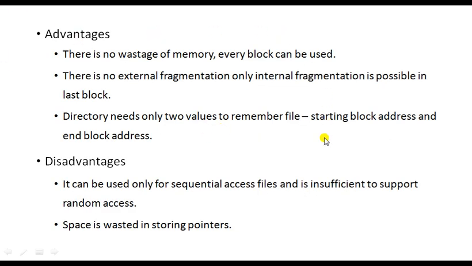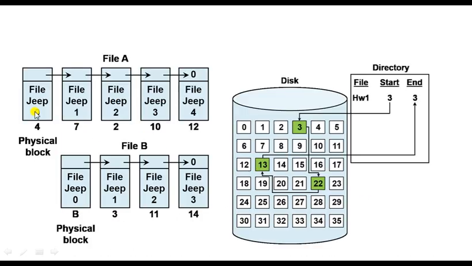These are the advantages of the linked allocation scheme, and now the disadvantages. It can be used only for sequential access files and is insufficient to support random access, because it is a linked list representation. You are accessing the files from starting to ending sequentially. From here you cannot directly jump to the 10th location or the 12th location.